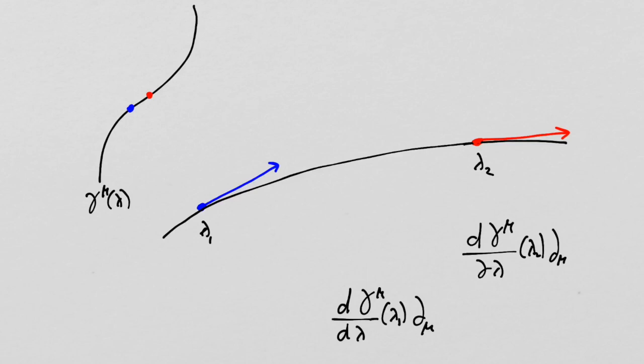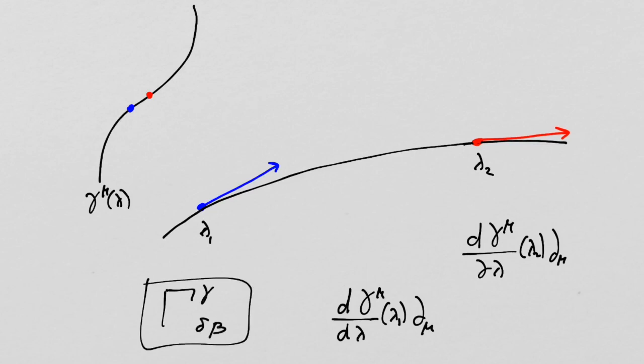Now what's important to understand is that the tangent vectors are completely given by the structure of the curve, the functional structure of the curve. And once I know this curve, I can always calculate this. And notice, and this is what's important, I do not need the connection, right?